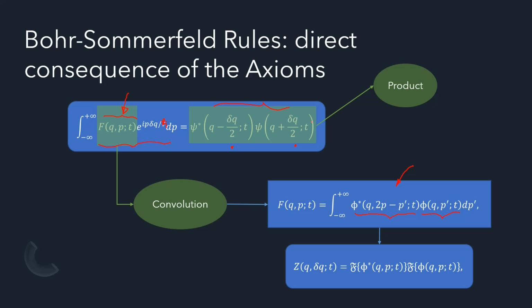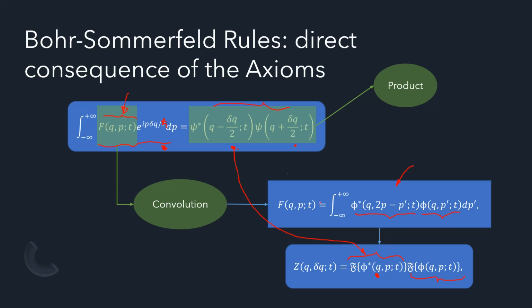Now, if we write this, it's easy to show that this Fourier transform is taken into the product. This is the subject of the convolution theorem, and can be written in terms of the product of these two Fourier transforms, which connects the probability amplitude in phase space to the probability amplitude in configuration space.